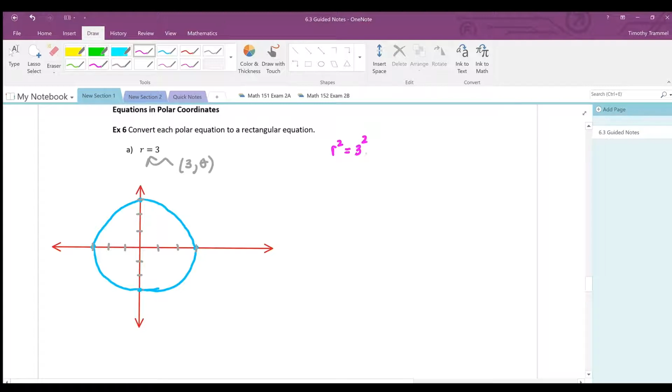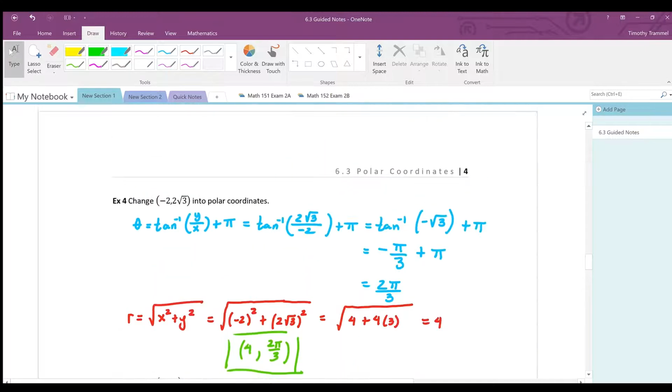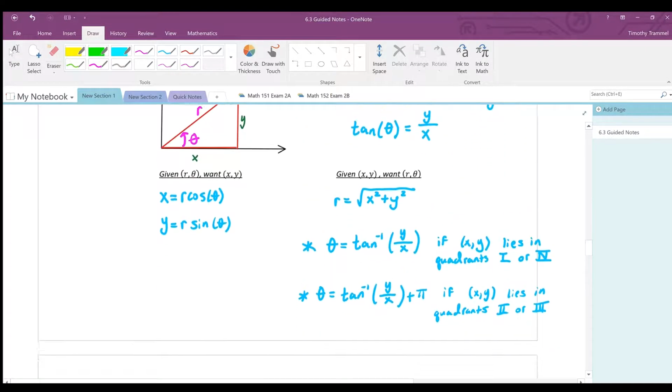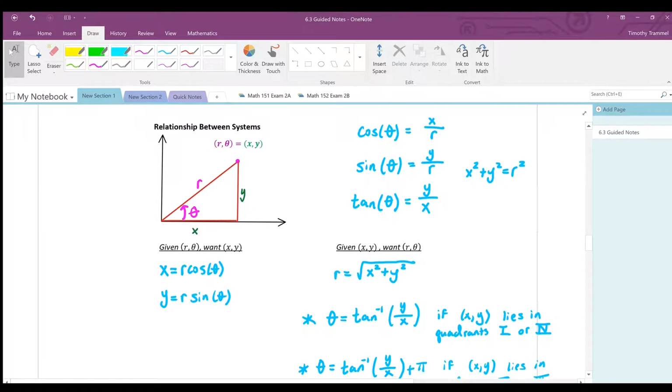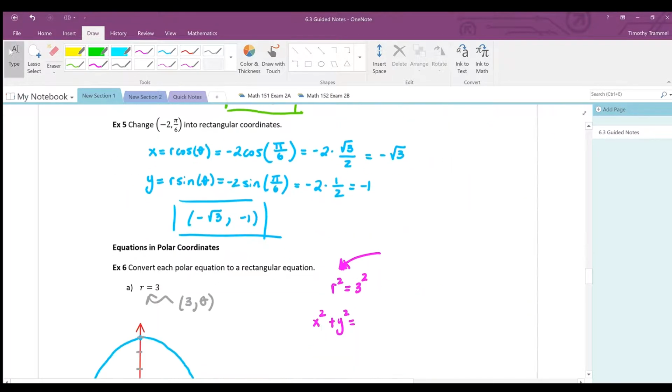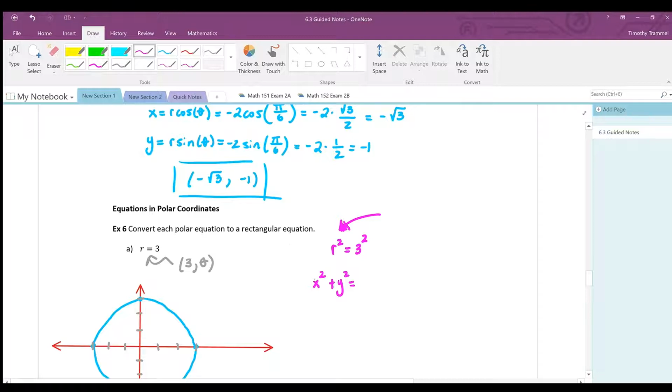And then some of you might remember, we just learned this, so you might not remember it yet, that r squared there is equal to x squared plus y squared. Right? If we move back up here, there it is. x squared plus y squared equals r squared. Right, and so we have x squared plus y squared equals 3 squared.